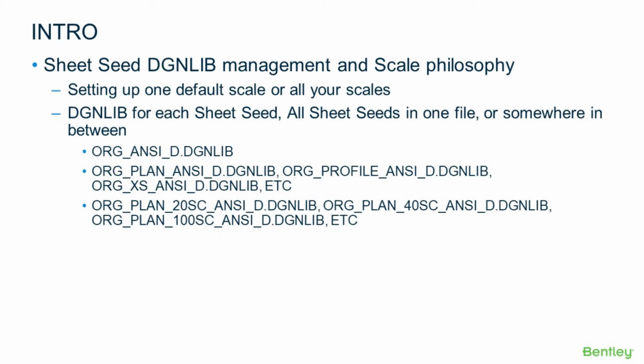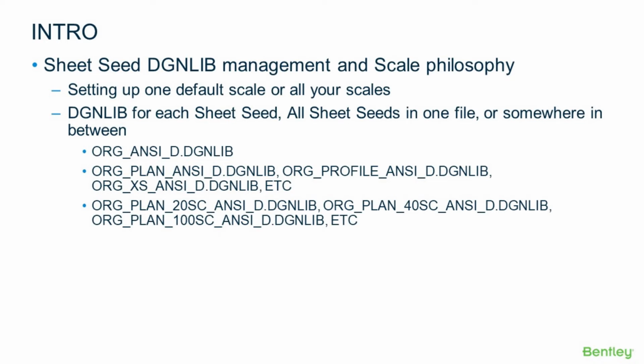Especially if you're just doing one default scale, you might just have one DGN library for that specific size sheet, and it has plan, profile, all the different types of sheet in that one DGN library. And that's what I'm going to be setting up today.